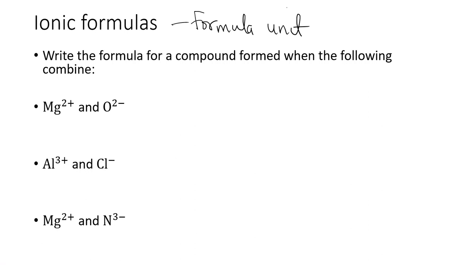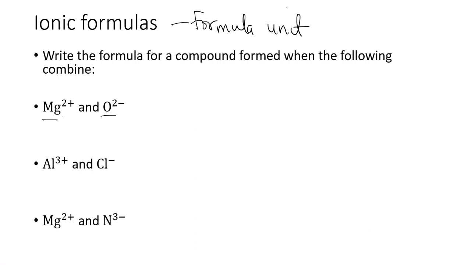I think I'll talk a little bit about this formula unit. An example is if I give you two ions, let's say magnesium here and oxygen, and ask you, can you give me a formula if I combine magnesium and oxygen?